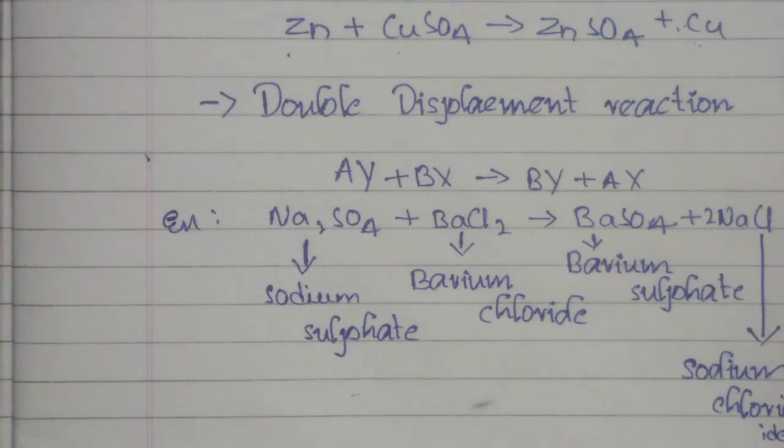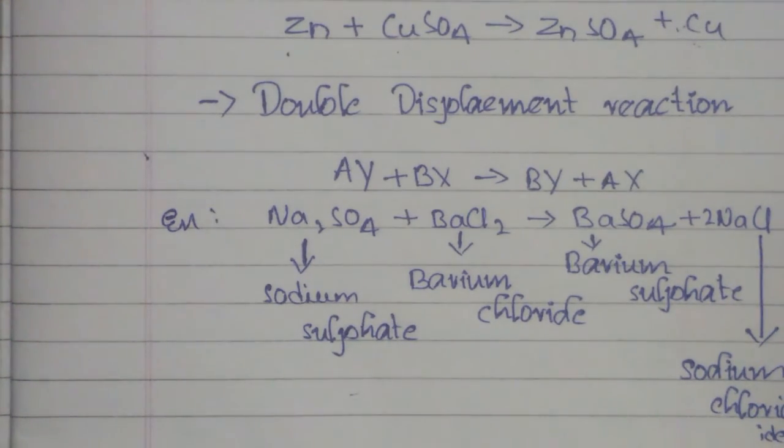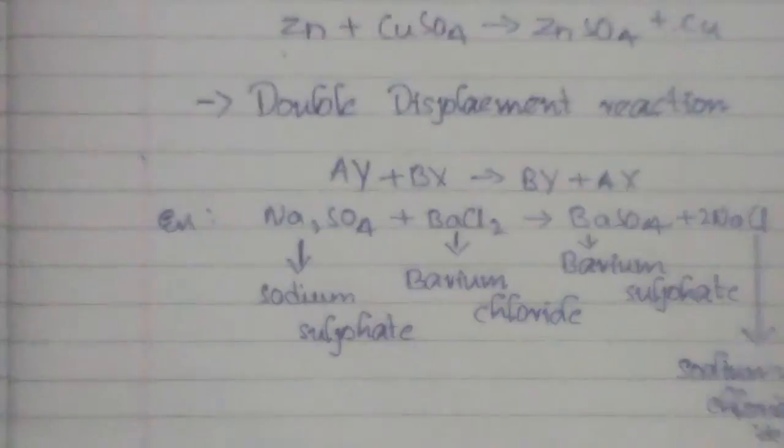Here Na2SO4 is sodium sulfate, BaCl2 is barium chloride, BaSO4 is barium sulfate, and NaCl is sodium chloride. We can also define double displacement reactions as reactions in which there is an exchange of ions between the reactants.